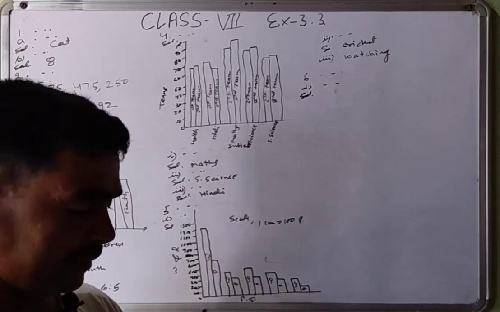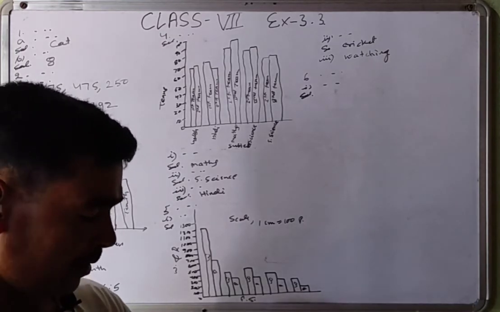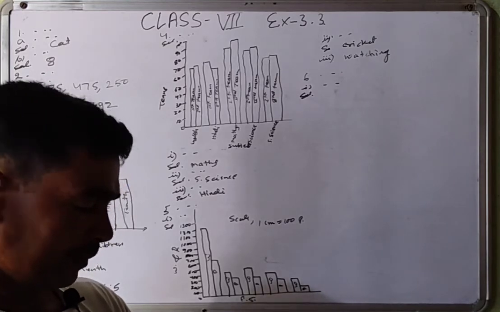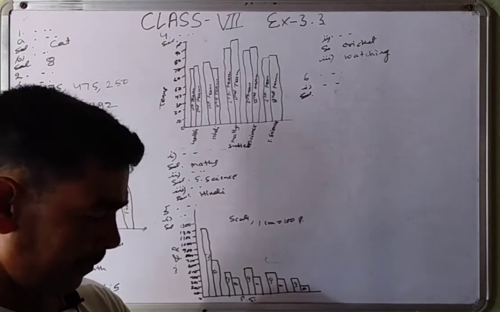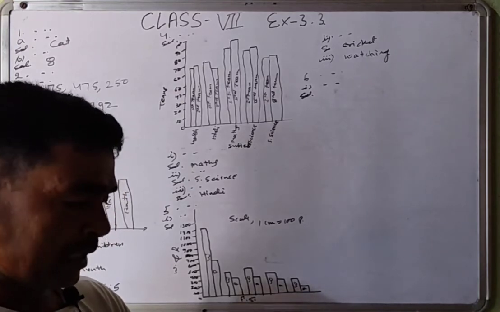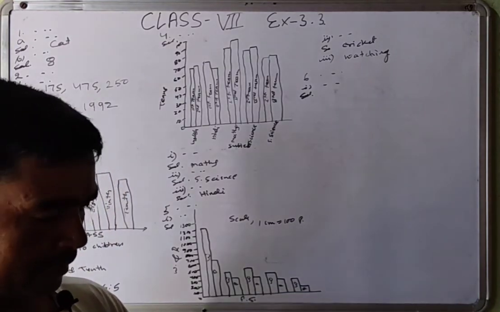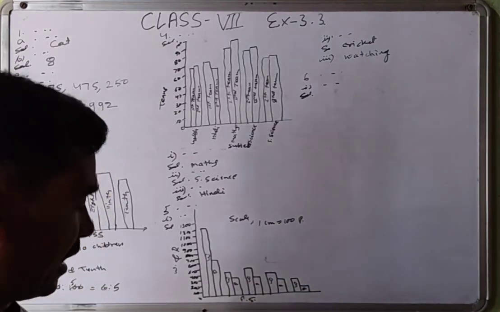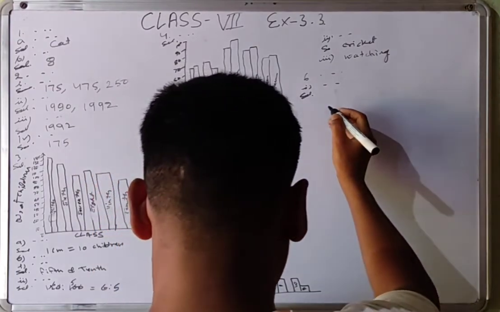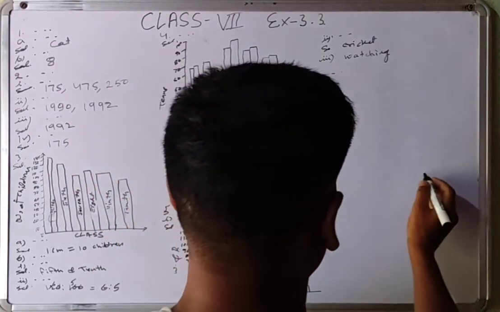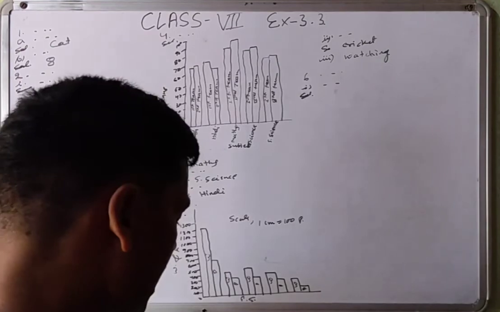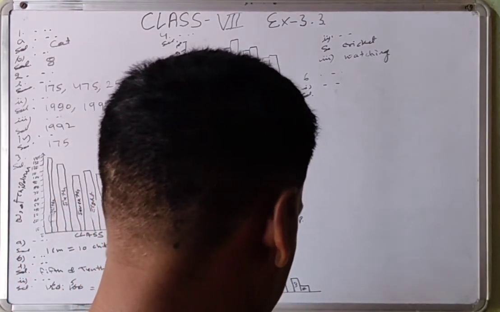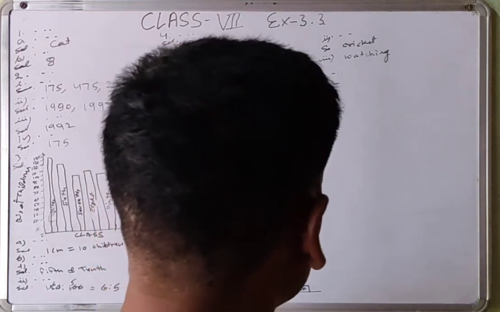First of all we will go to the table. Where is the table? See that. First we will see table 3.1, on page number 57. That is the table. We will draw the double bar graph here, and then after that you will give the answer. See the bar graph also.